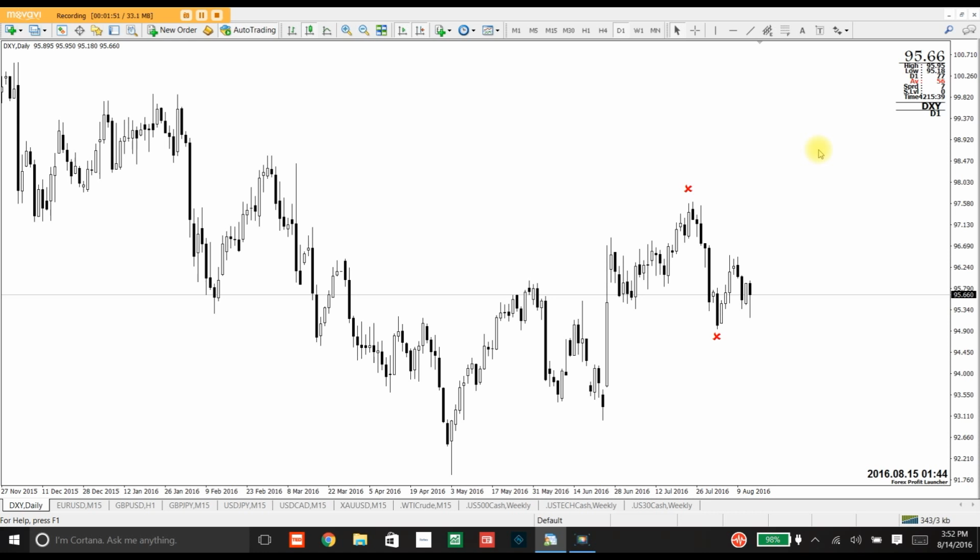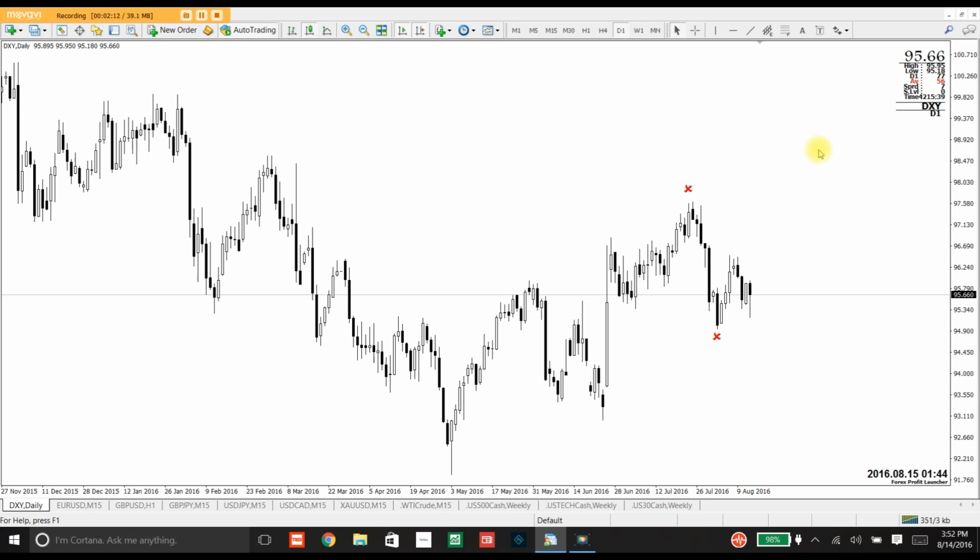Now, in sideways movement or consolidated ranges, you'll see that price action most of the time works within a support and resistance zone, and it works itself off each level, and that's why it's consolidating.